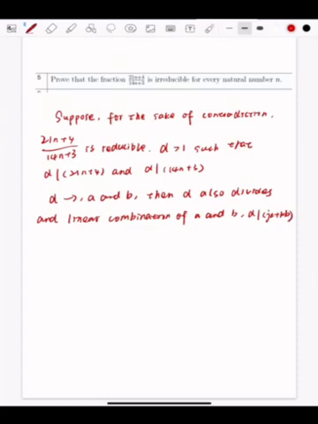So we want to find j and k such that something like that is simplified to a non-zero constant independent of n. So we can expand this formula to here.